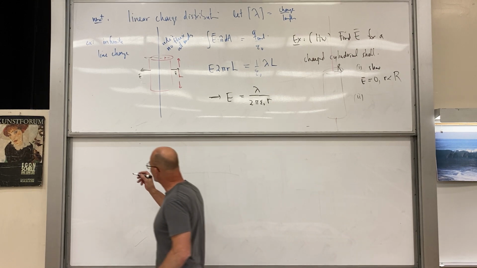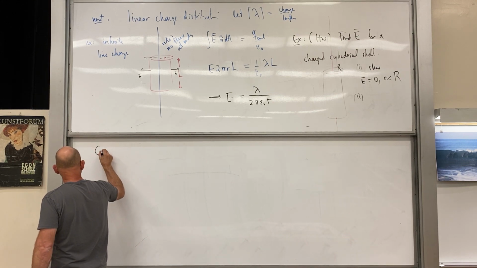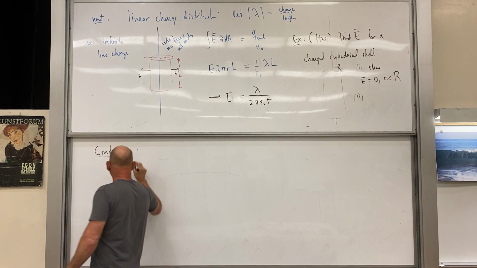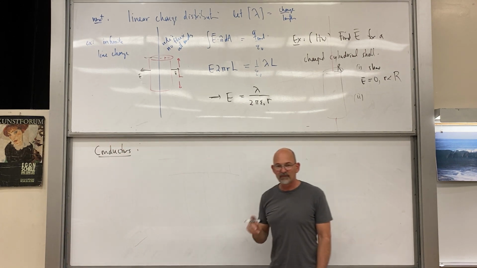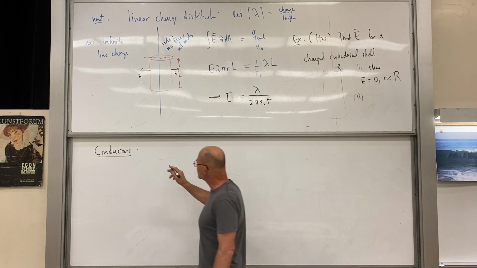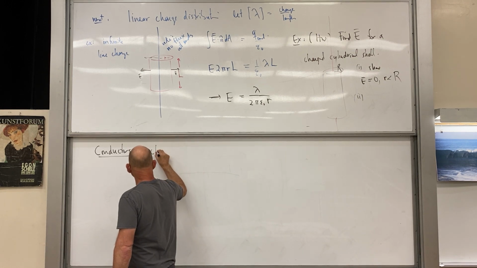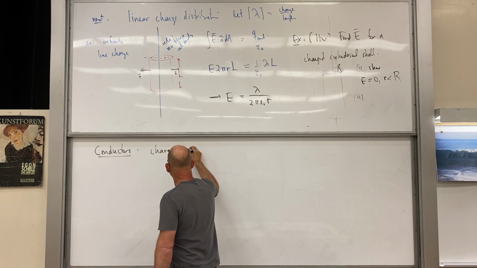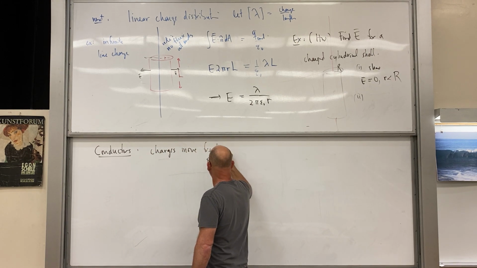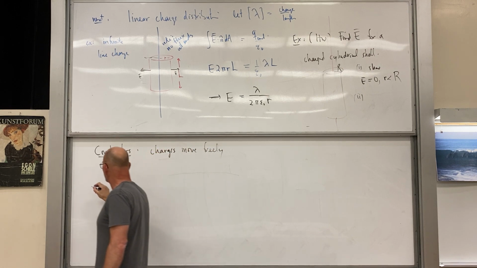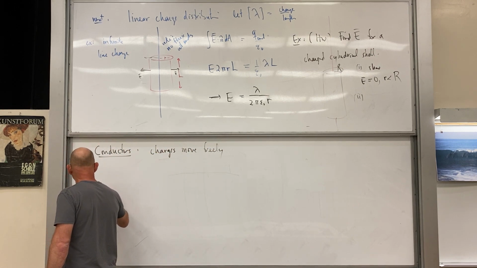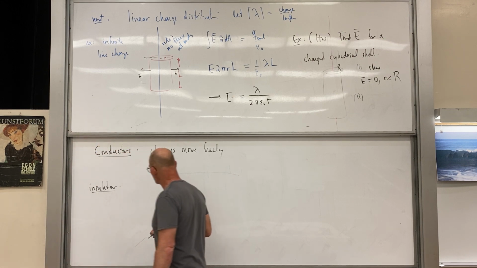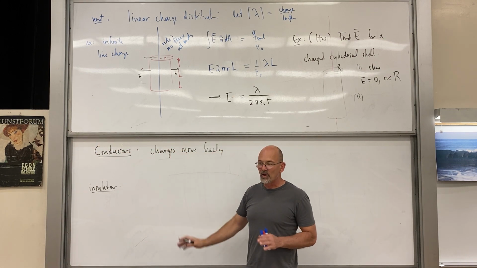So conductors versus non-conductors. And you'll notice the problems in the book will always be careful to specify that. In a conductor, charges move freely. I think I brought that up before. In a non-conductor or an insulator, charges are basically bound.